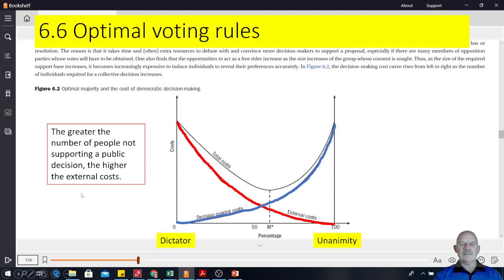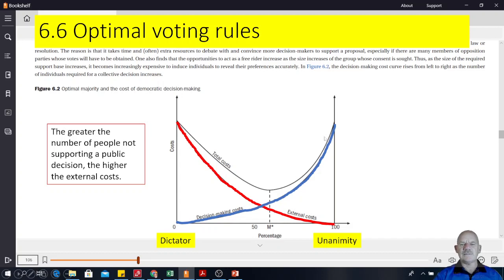But decision-making cost will increase the more people that have to be part of the decision. A dictator could very easily make a decision quickly and the decision-making cost could be low. But if everybody has to give consent, then it could take a long time to get to a decision, and the decision-making cost would increase the more people that you have to please.